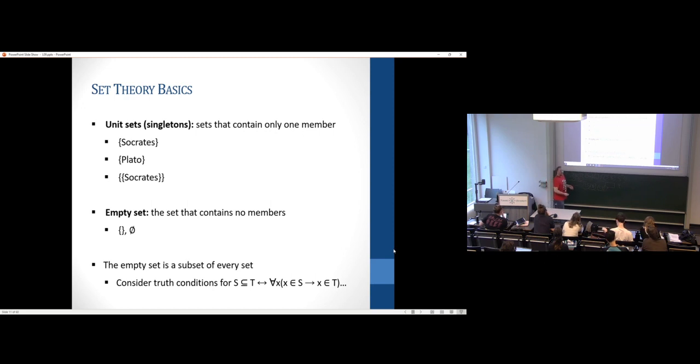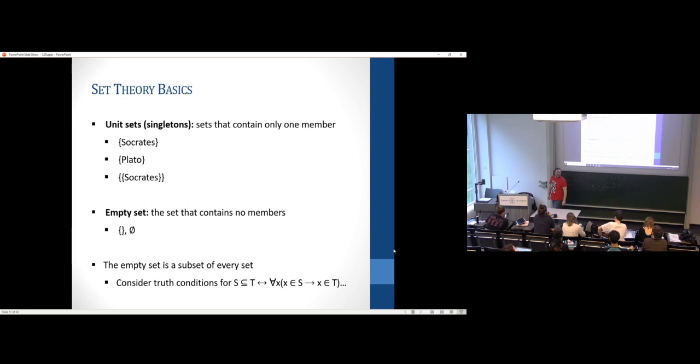The empty set's cool because it is a subset of every set. It is a subcollection of every set at all. And here's the reason why, right? So let's plug in the empty set as set S, and any set you want as T. Well, because it's the empty set, the antecedent of this conditional is false.